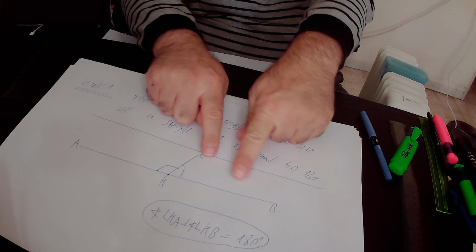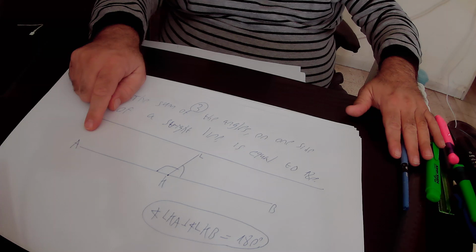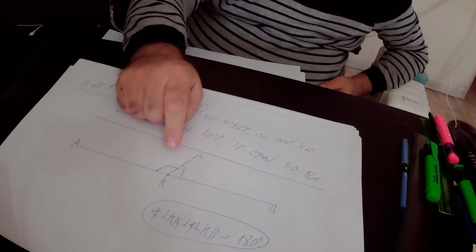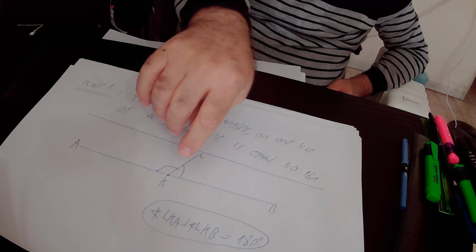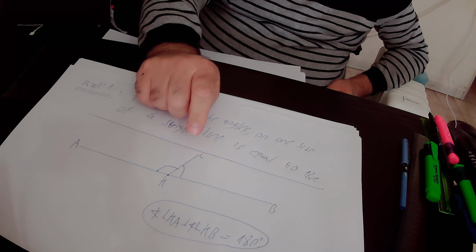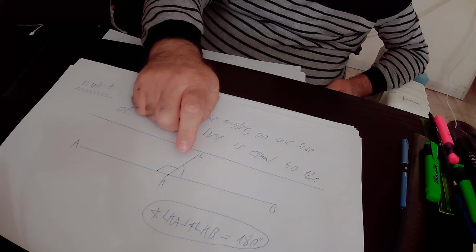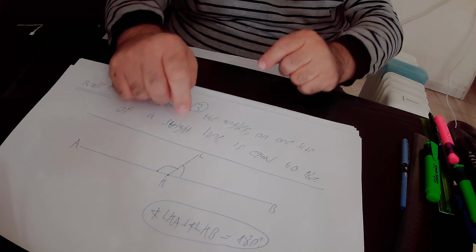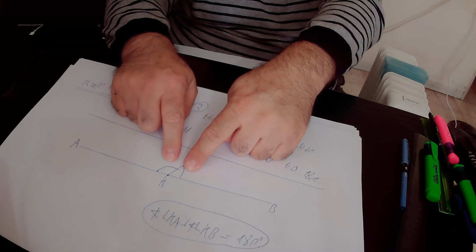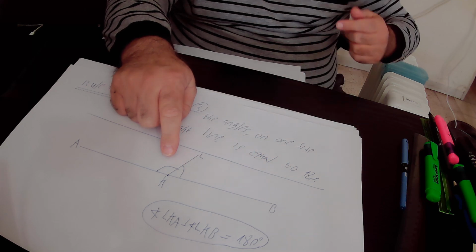So AB is a straight line, and if we focus on the upper side of the straight line AB at point K, according to this rule number 1, the sum of the angles on the upper side of AB at point K must be equal to 180 degrees. That is to say, the sum of those two angles must be equal to 180 degrees.